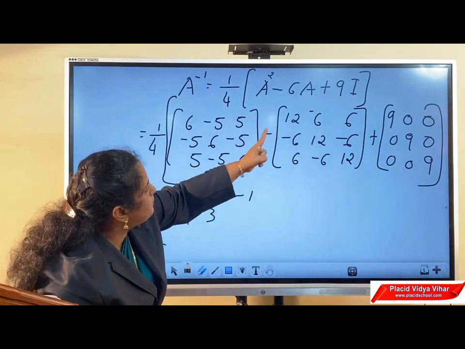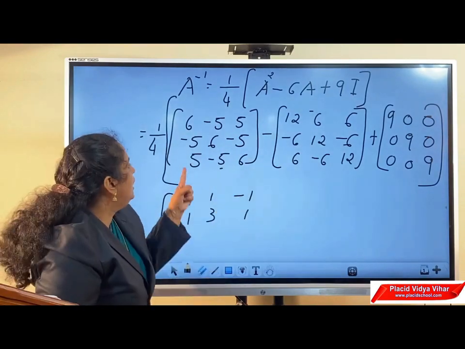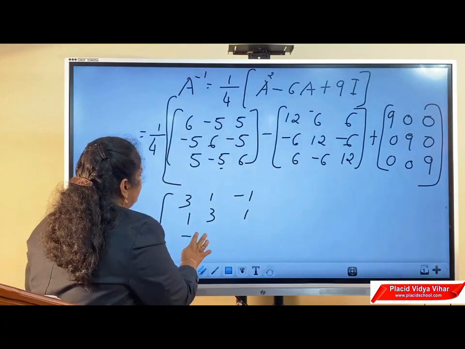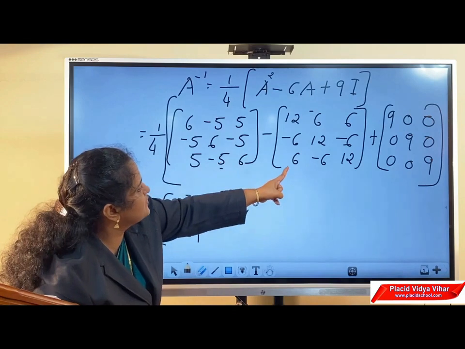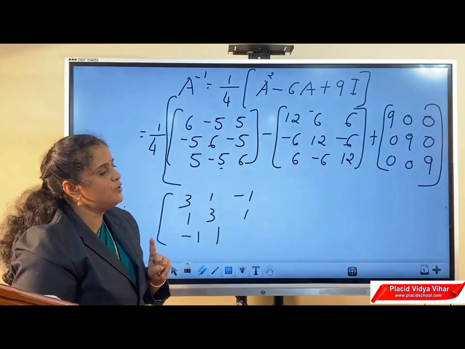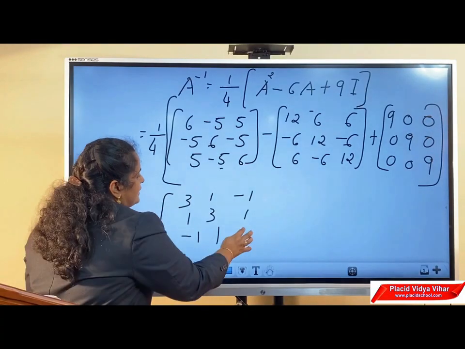Minus 5 plus 6, that is 1. 5 minus 6, the answer is minus 1. Minus 5 plus 6, that is 1. The last element, 6 minus 12 is minus 6, minus 6 plus 9, that is 3.